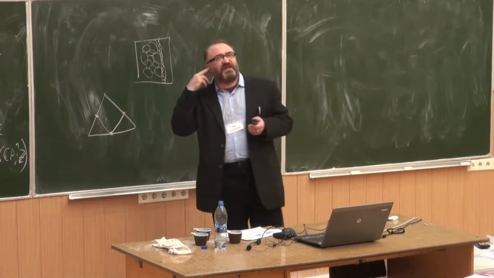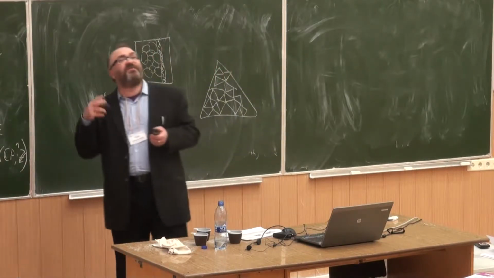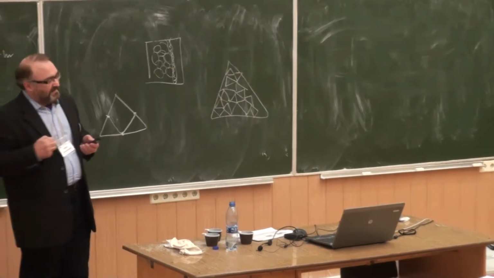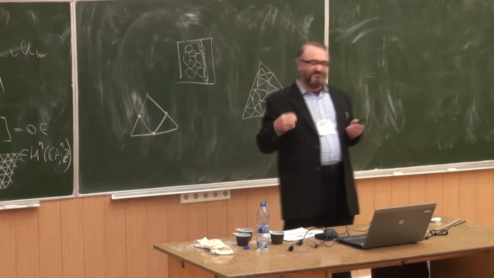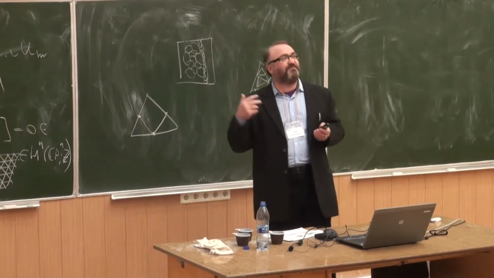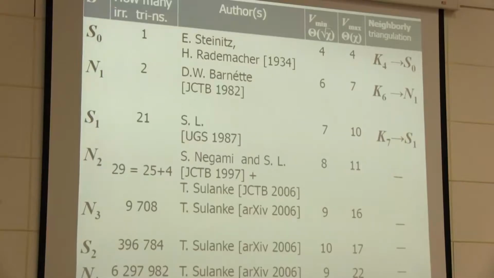Interestingly, Tom Sulanke works for the physics department of Indiana University. But he got very interested in this mixture of the topological and combinatorial stuff. So he filled in the gap. Actually, he used basically our approach. So this result, the total of 29 irreducible triangulations of the Klein bottle, is attributed to three of us.